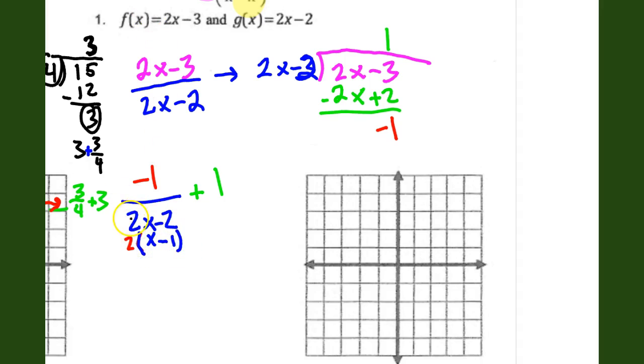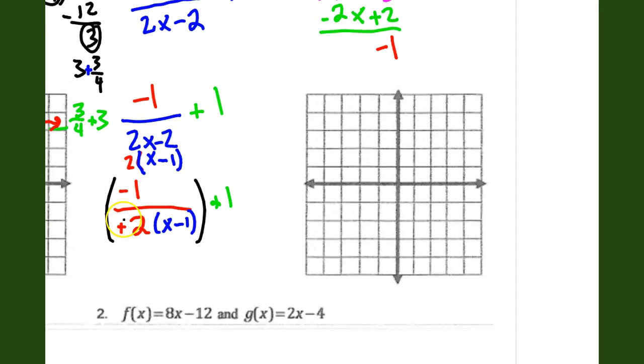So because this had a 2 in front, I had to factor that 2 out. So we now have -1 on top, positive 2 on the bottom, x minus 1. So the red here we need to factor out.